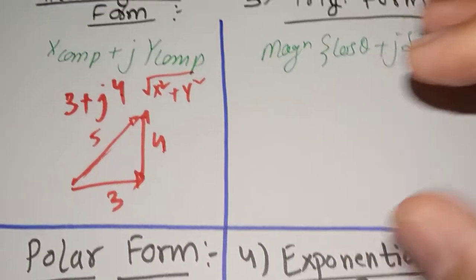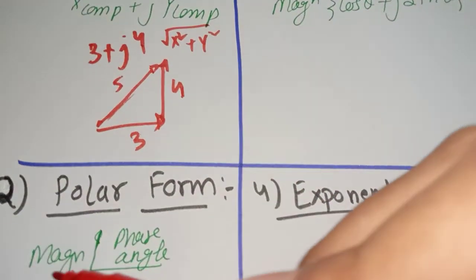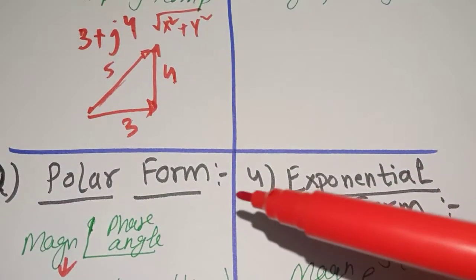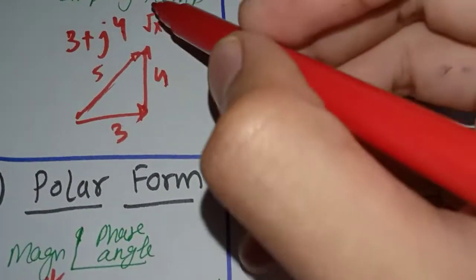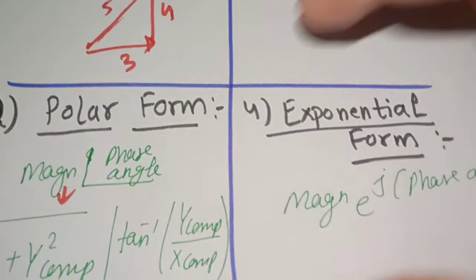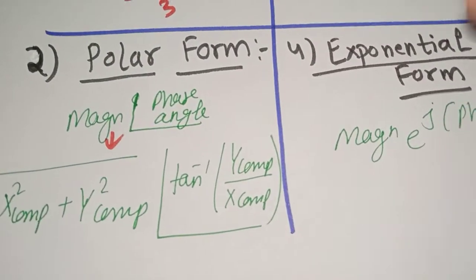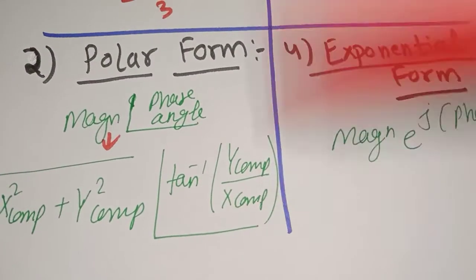Now let's see the polar form. In case of polar form, it is written as magnitude times phase angle, and you know the magnitude, this is the resultant, this is the magnitude. So how did I find it? It is root over x square component plus y square component, right? And phase angle is tan inverse y component by x component. How?